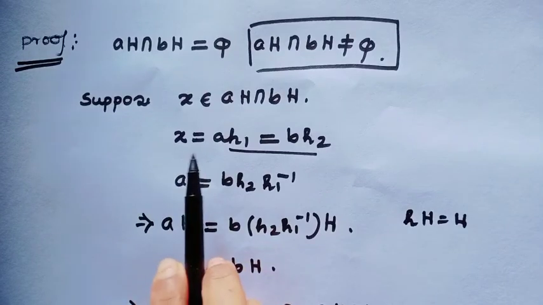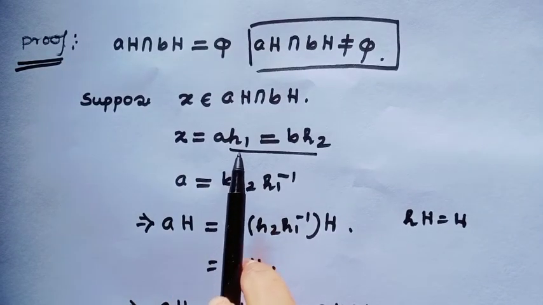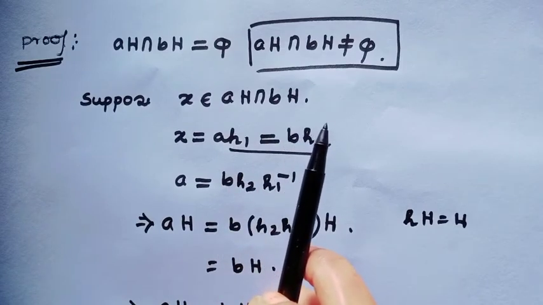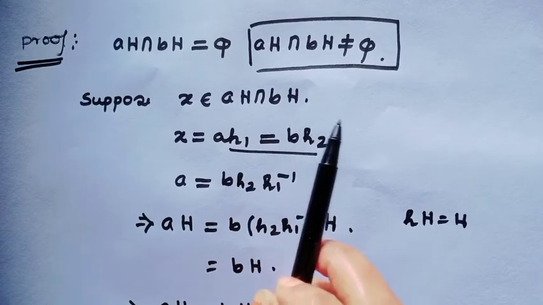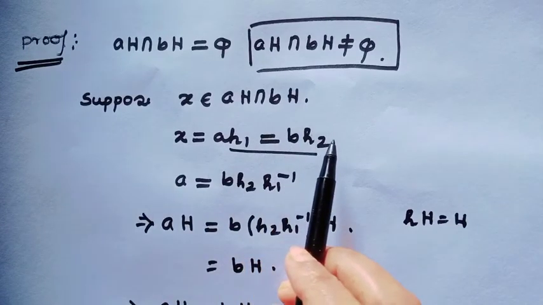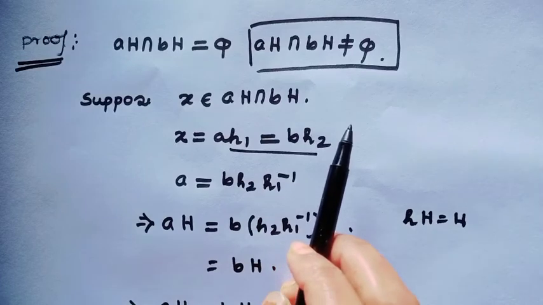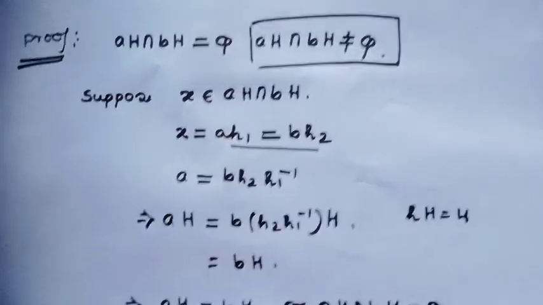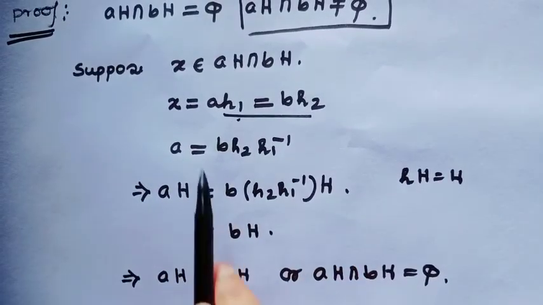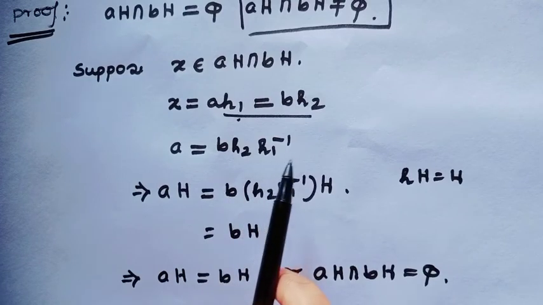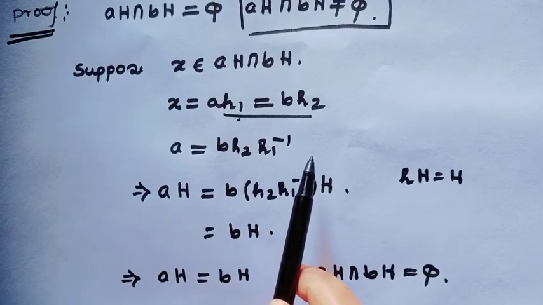Then x equals a h1, where h1 is a member of the subgroup H, and also x equals b h2, where h2 is another element of H. From this line, it is true that a equals b h2 h1 inverse.